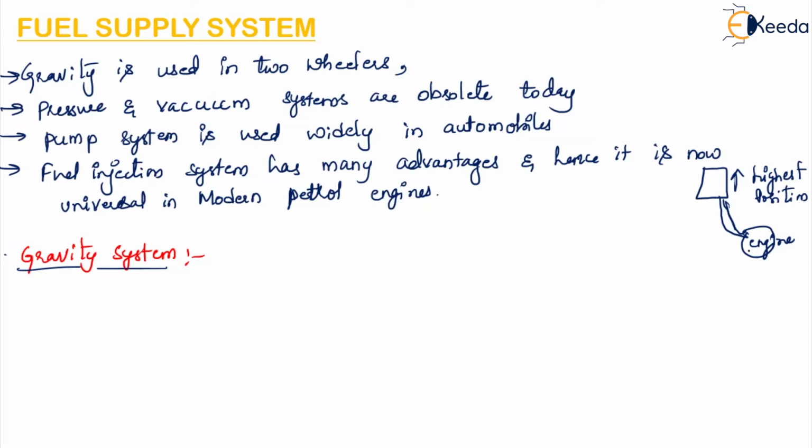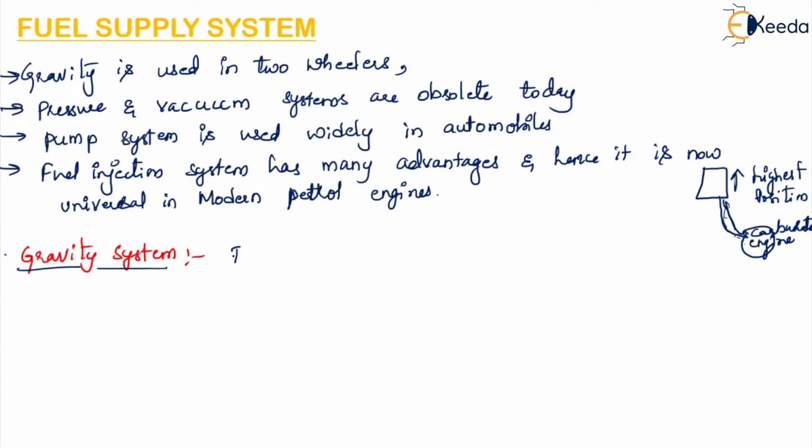So this is the engine's carburetor. So the fuel drops into the carburetor by gravity. So this system is very simple and cheap, but placing the fuel tank is very important.